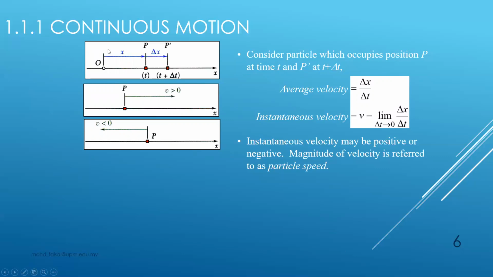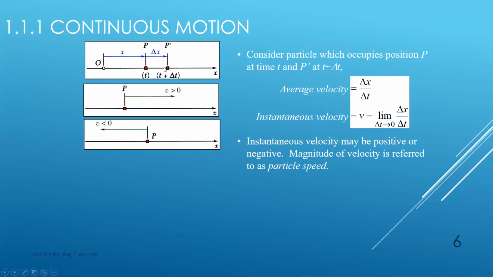We can refer to this image here on the left, where initially the particle is at point O, and then it moves a certain distance x to the position at P, and the time traveled is denoted as t.